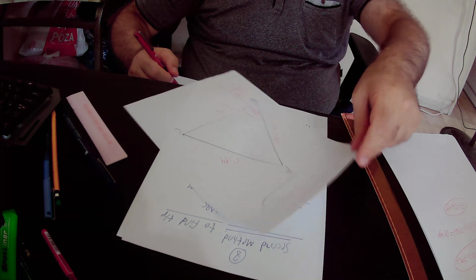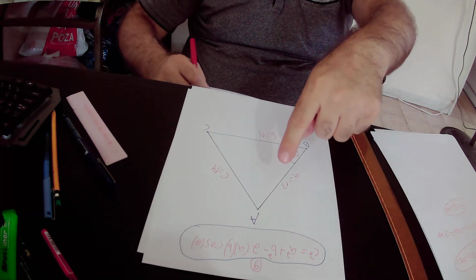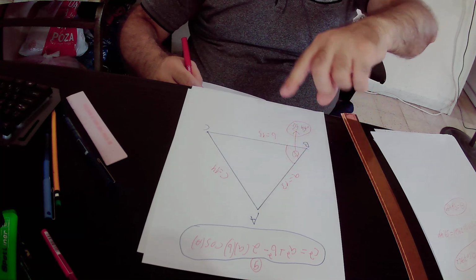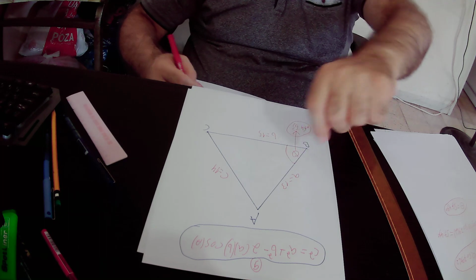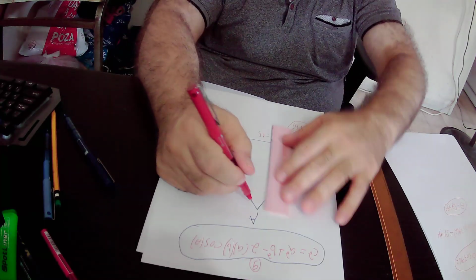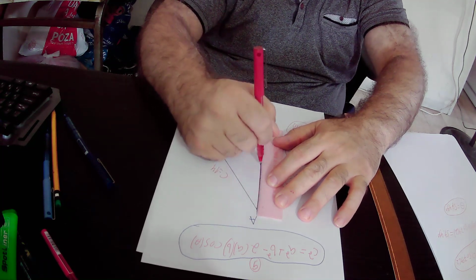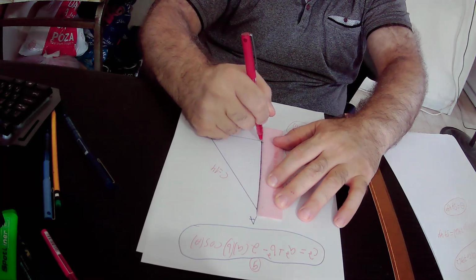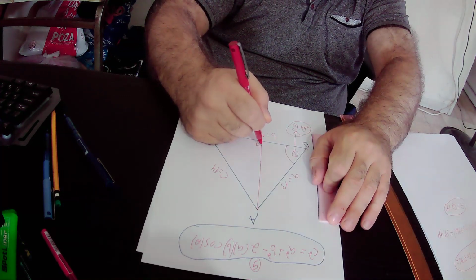So here we will draw a perpendicular to side BC from point A. So this is a right angle and this is also a right angle.